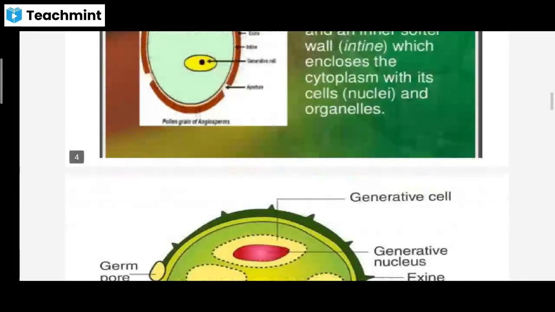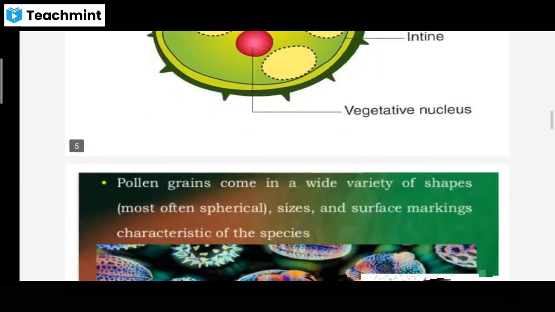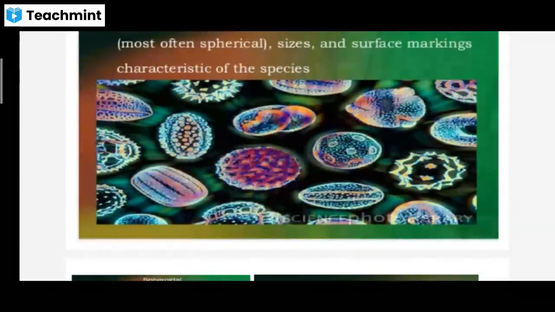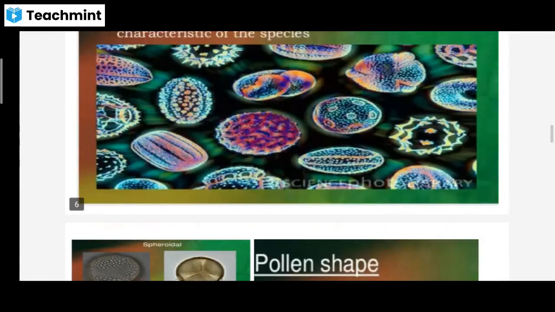Here we'll see the morphology of pollen grains. Pollen grains come in a wide variety of shape, size, surface marking, aperture, etc., as a characteristic of species. Firstly, pollen shape. It may be spheroidal, means spherical in shape, in the family Cucurbitaceae. Oblate means flattened in shape, in the family Euphorbiaceae.